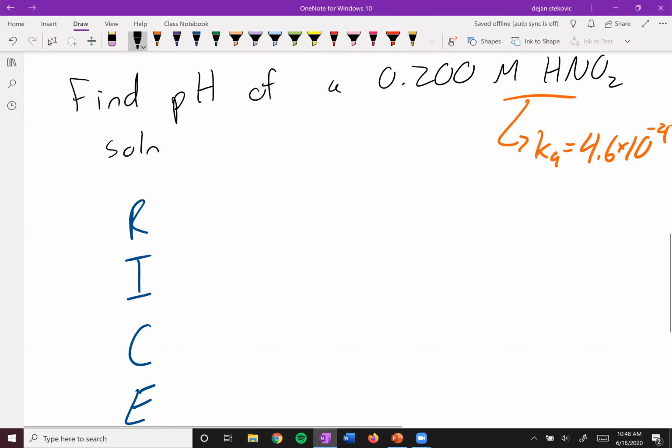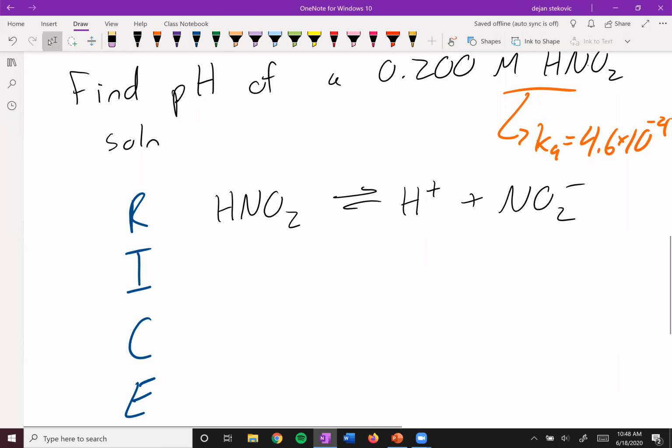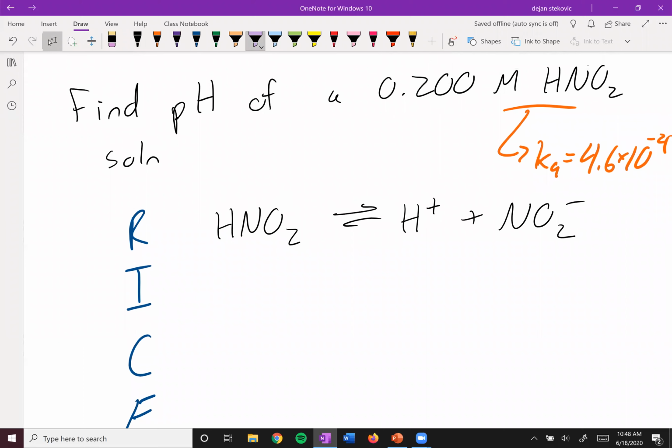So in terms of the RICE table, we have an acid. So we have HNO2. It's an acid, so it's going to donate its H plus. So we'll have H plus plus NO2 minus. This is nitrous acid turning into nitrite. Anyways, the initial concentration we are given as 0.2 molar, so we simply plug this in. We assume that we initially have 0 H plus.